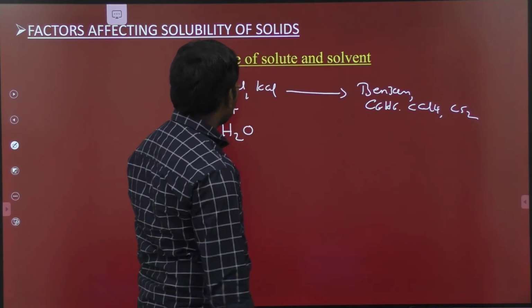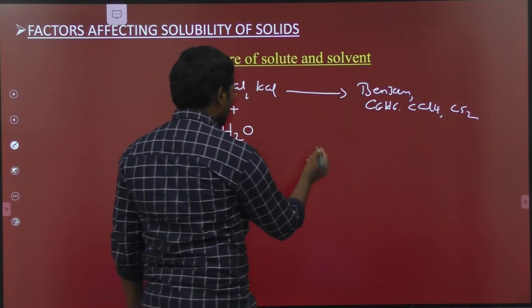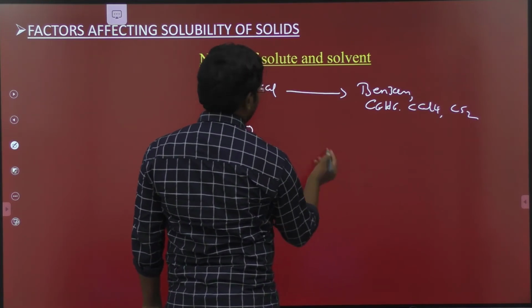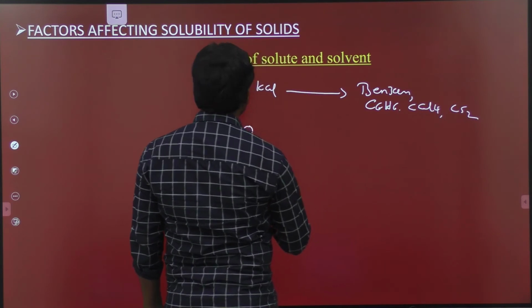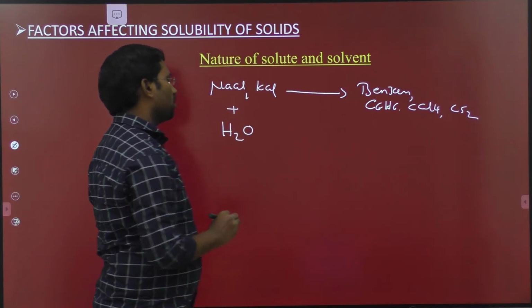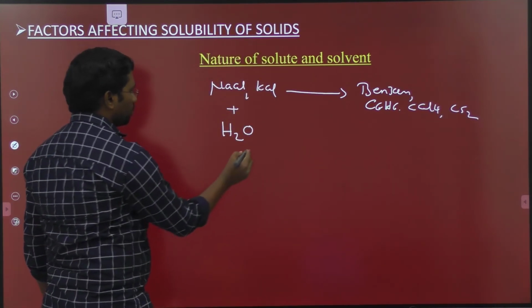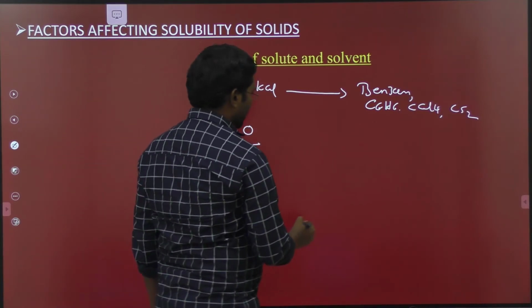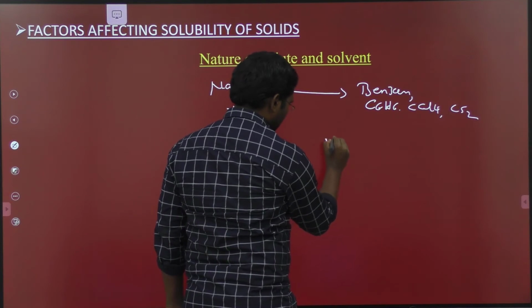Now let us take other compounds. Sodium chloride and potassium chloride are ionic compounds. Take naphthalene balls, naphthalene, or anthracene.